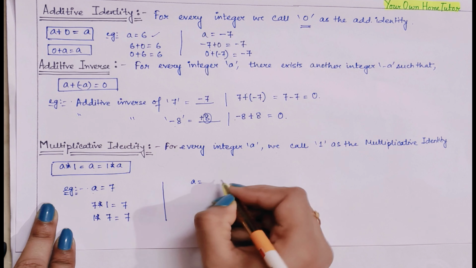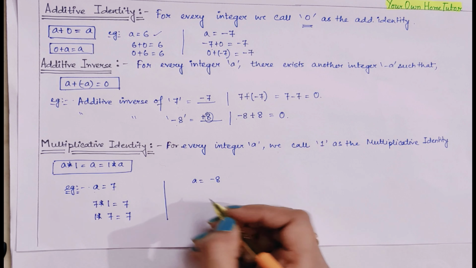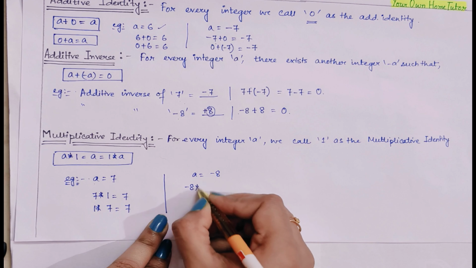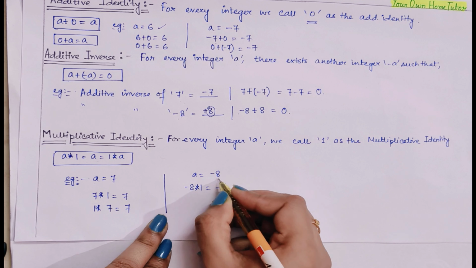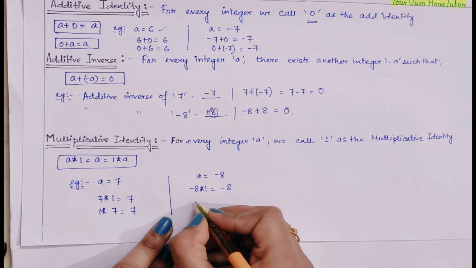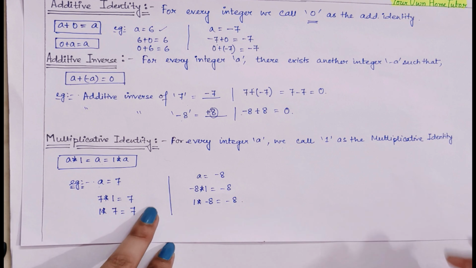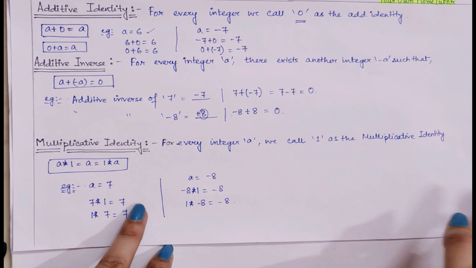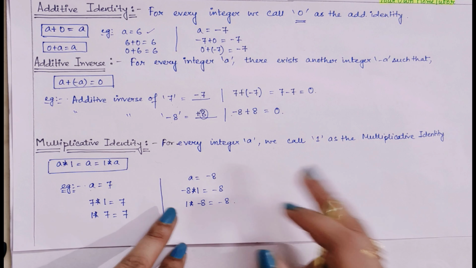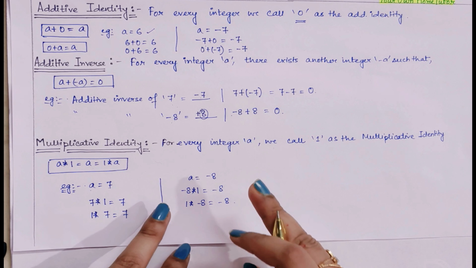If I take a negative integer, if I multiply minus 8 with 1, I will get minus 8, that is the integer itself, or 1 with minus 8, then also I will get the same value. So you have now understood additive identity, additive inverse, multiplicative identity.